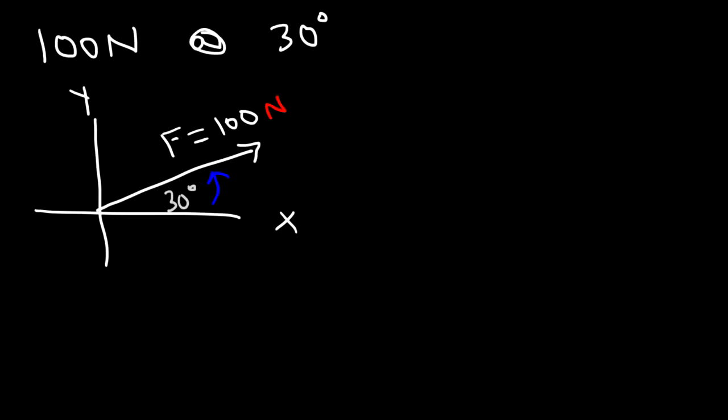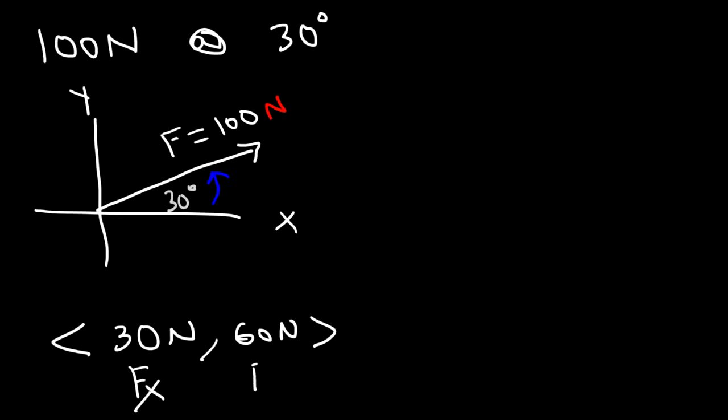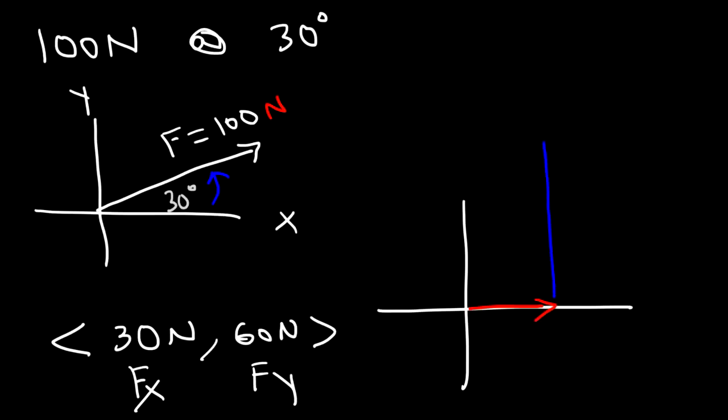Another way in which you could describe a force is by expressing its components. So you could say its x component is 30 newtons and its y component is 60 newtons. So let's call this Fx and Fy. In the graph, it looks like this. So let's say the red line is Fx, it's 30, and the blue line is Fy, which is 60.